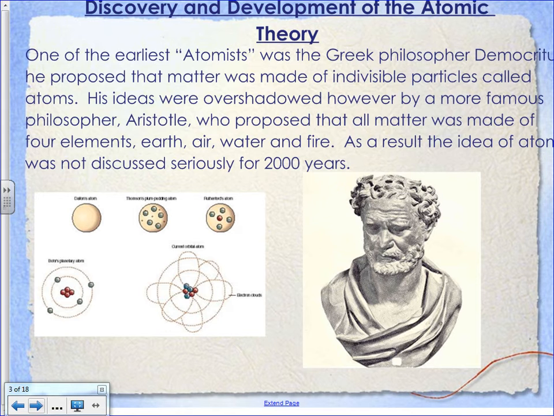His idea was not widely accepted, right? Because the Greeks, especially guys like Aristotle, said, no. All matter is made of 4 elements: earth, air, fire, and water. And that made way more sense. They didn't have to imagine tiny particles floating around everywhere.